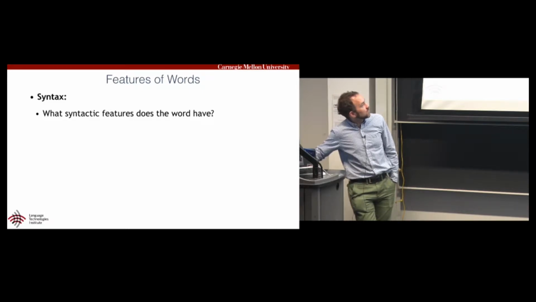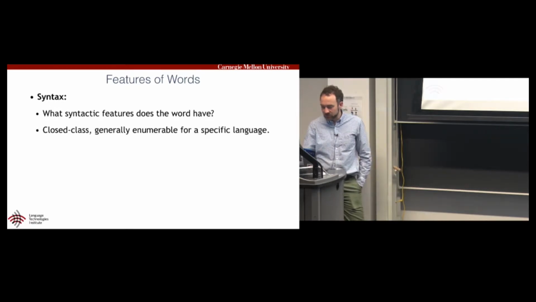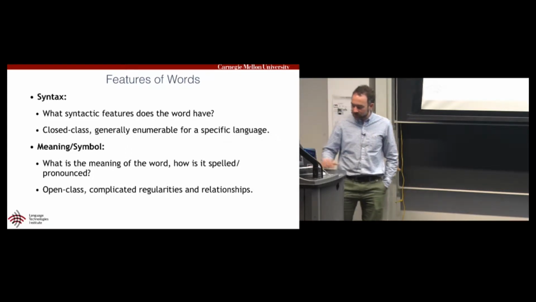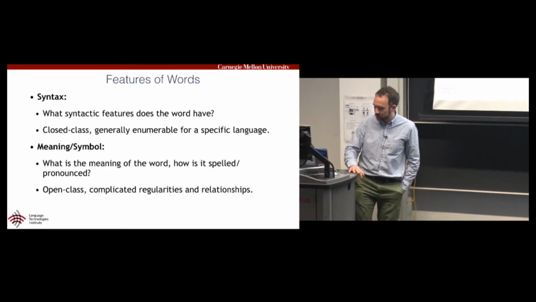Each word in a sentence has multiple features, like for example, what syntactic features does the word have? These are closed class. They are generally enumerable for a specific language. Whereas something like meaning, what is the meaning of the word, how is it spelled or pronounced, these are open class, and there are complicated regularities and relationships between them.